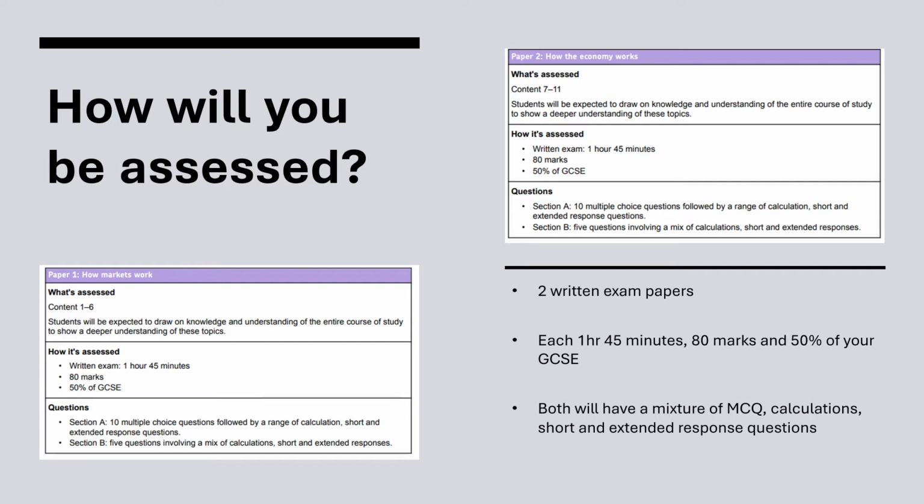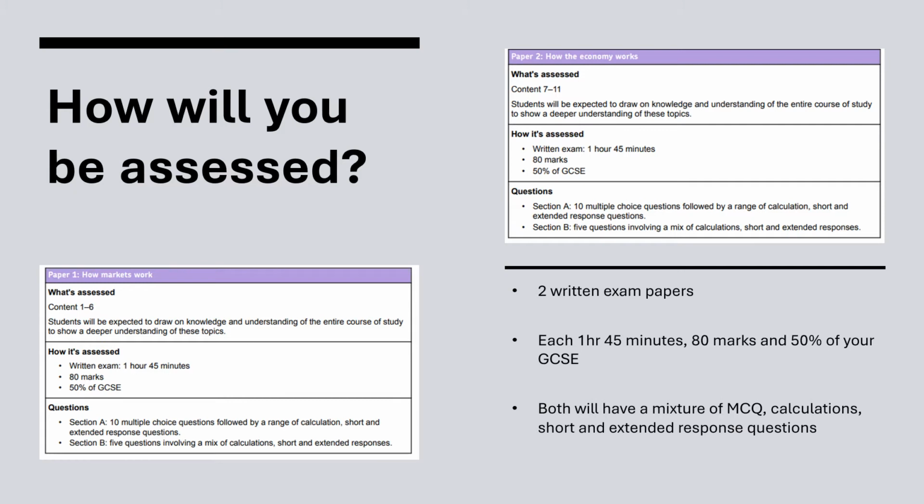Now, both papers have identical looks, and they are each 1 hour 45 minutes long, worth 80 marks, and each of them is worth 50% of your overall GCSE. In terms of the types of questions you will get, you will have 10 multiple choice questions in each paper. They might not be the easiest multiple choice questions, but we will train you in terms of how to deal with them.